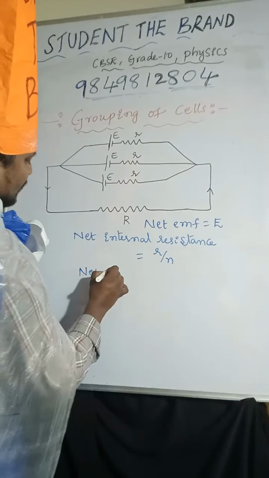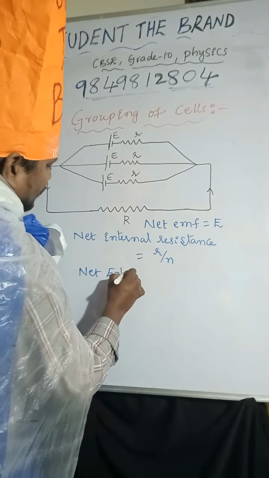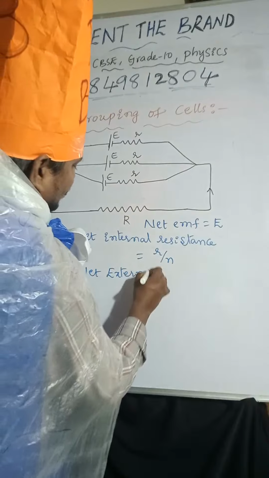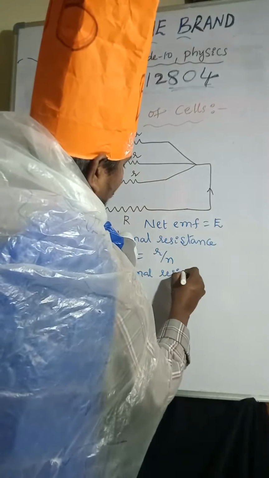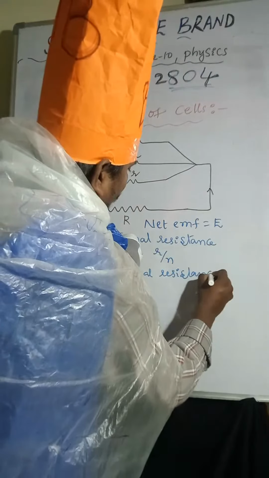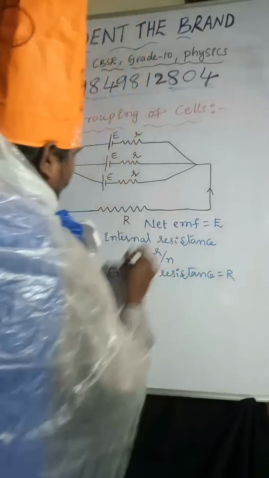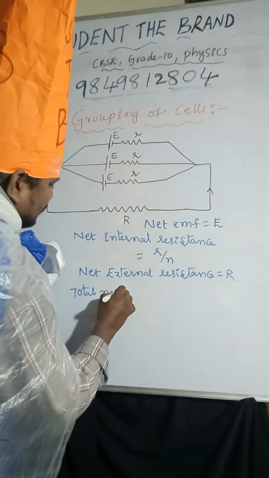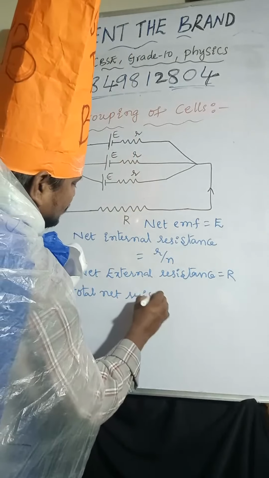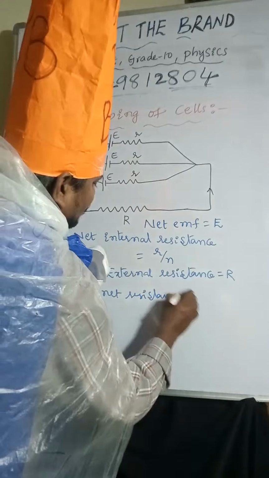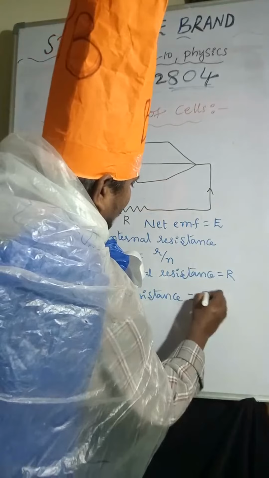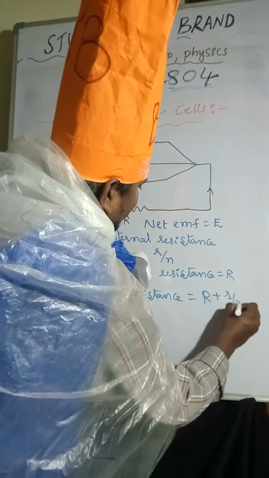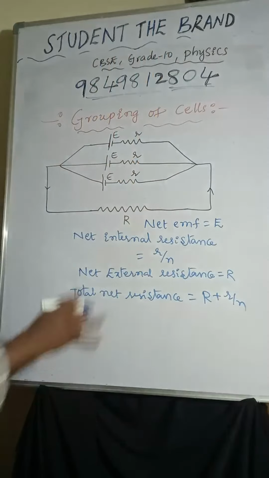Total net resistance is that, R plus r by n.